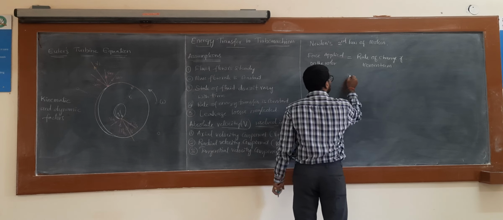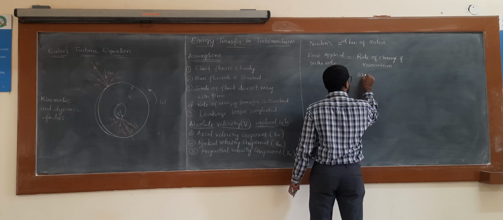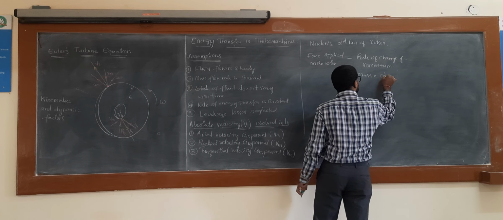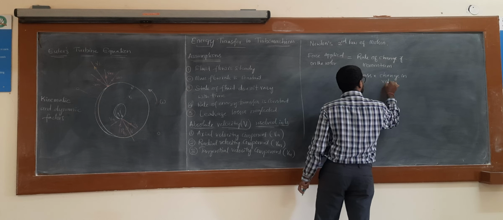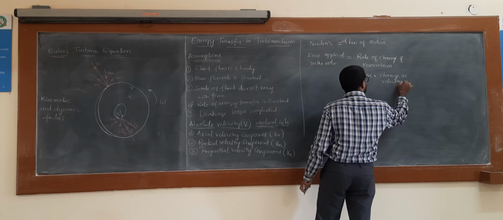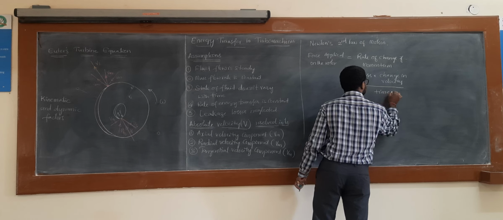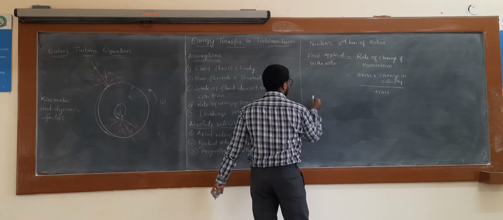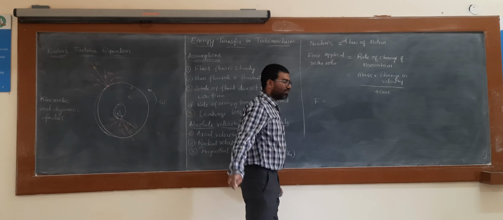Or the rate of change of momentum is nothing but mass into change in velocity per time. Say the force applied on the rotor, that is F.